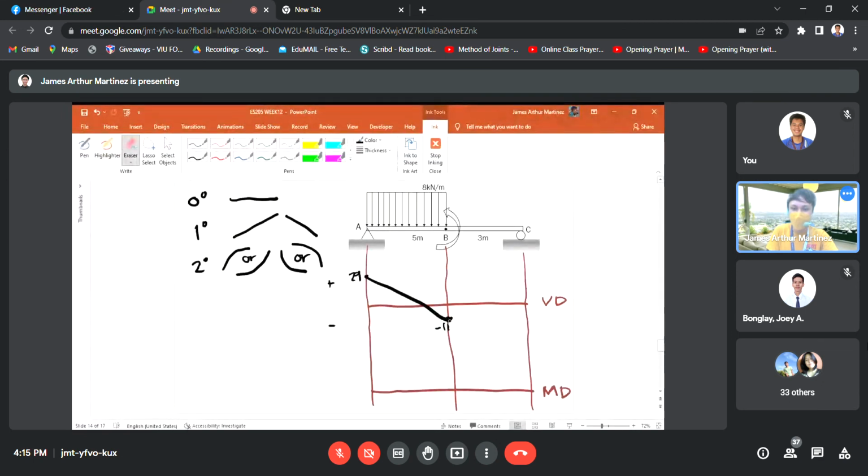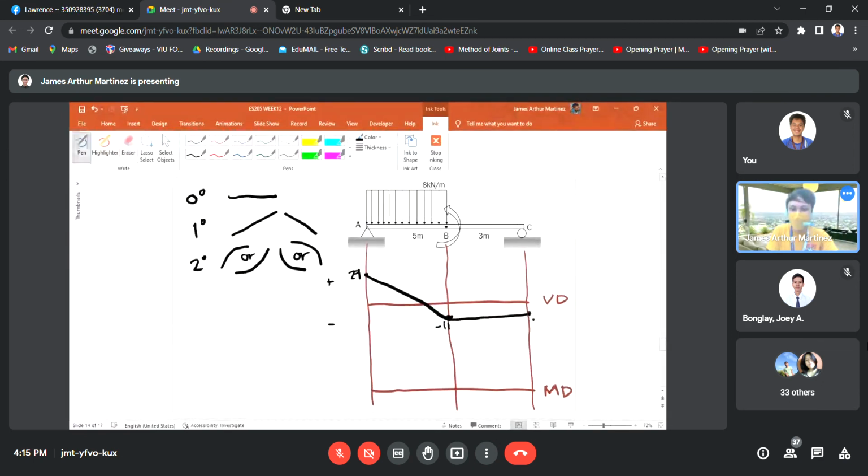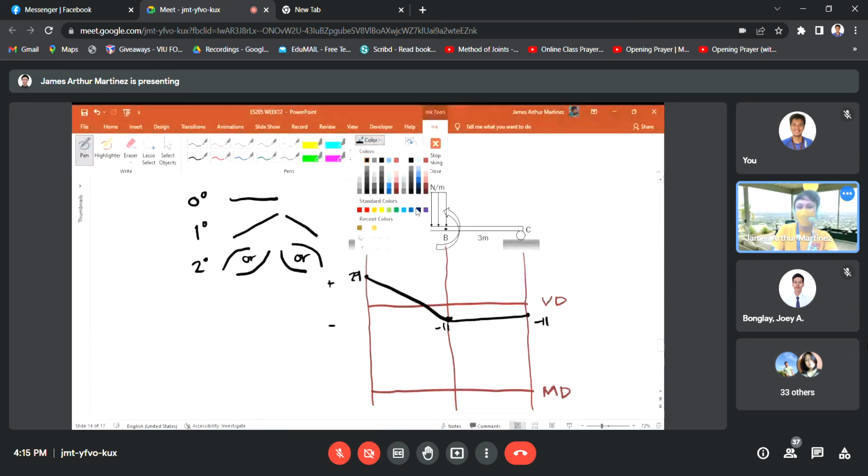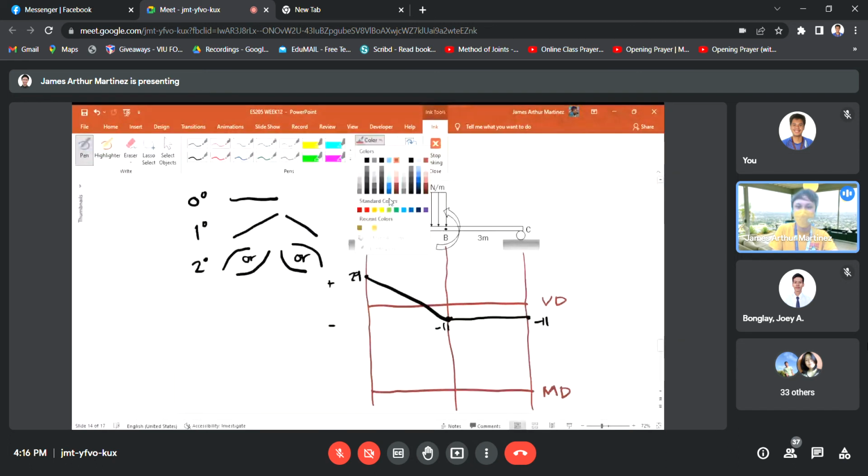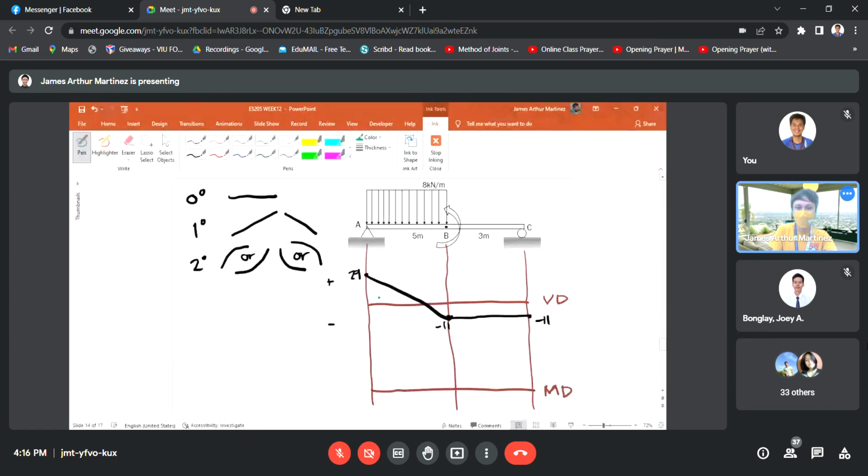Sige. Okay, so this is also negative 11 kilonewtons. So now we now have the shear diagram, no, for our given loadings.